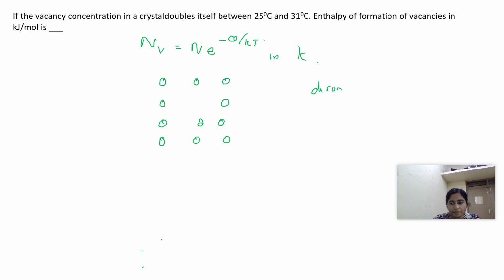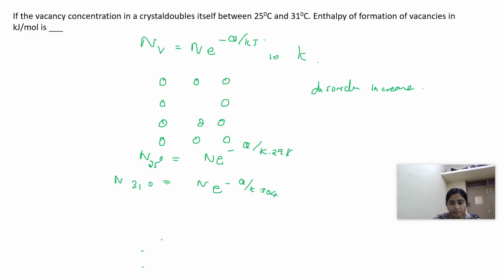So here disorder will increase. You have to find n for 25 degrees Celsius, and you have to find n for 31 degrees Celsius. Substitute all the values: you will get N e to the power minus Q divided by k into 298, and N e to the power minus Q divided by k into 304.